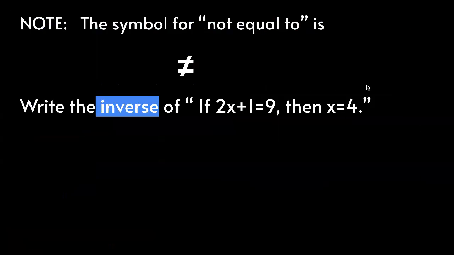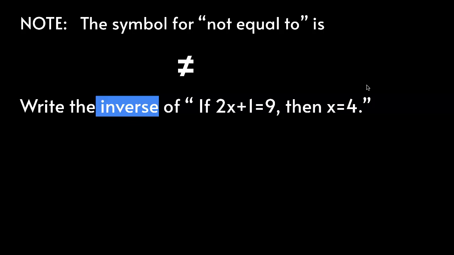All right. Lastly, write this on the back of your note card. We also have a symbol in algebra for not equal to, and it's an equal sign with a slash through it, kind of like a no smoking sign. You draw the smoking, you put a slash through it. So this says write the inverse of if 2x plus 1 equals 9, then x equals 4.